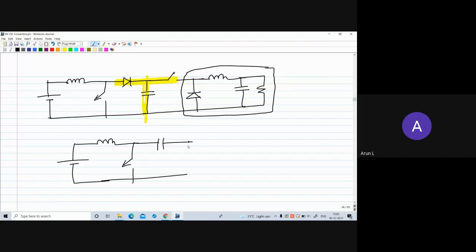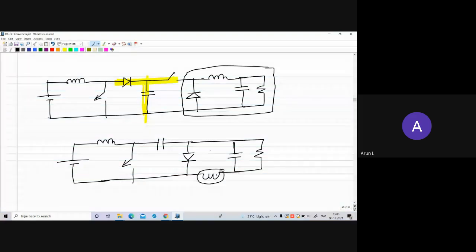If you flip this section, you will get diode here, inductance here, this is capacitance. And you can connect the inductance in the negative rail or the positive rail, there is no change. So instead of connecting it in the negative rail, just connect it in the positive rail.